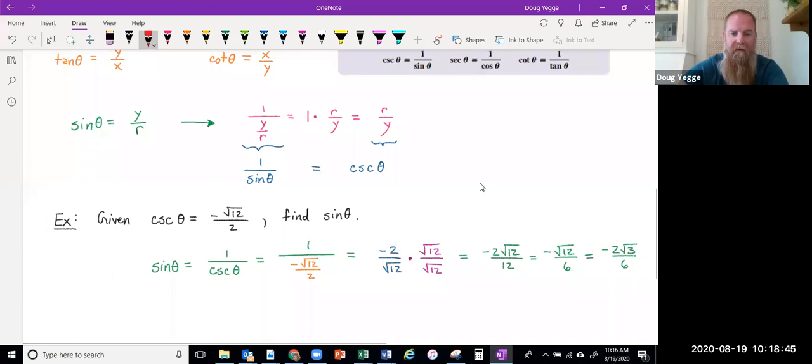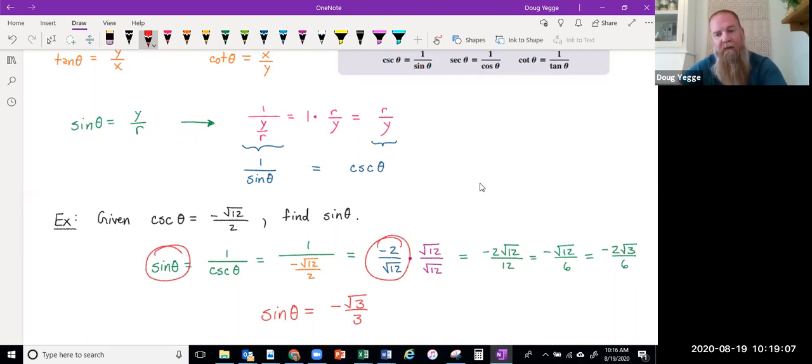And with that, we can now finally say that sine of theta is the reciprocal of negative root 12 over 2, which is negative root 3 over 3. So although it was a really quick step to just say that sine theta was the reciprocal, it still took work to simplify that quantity algebraically.